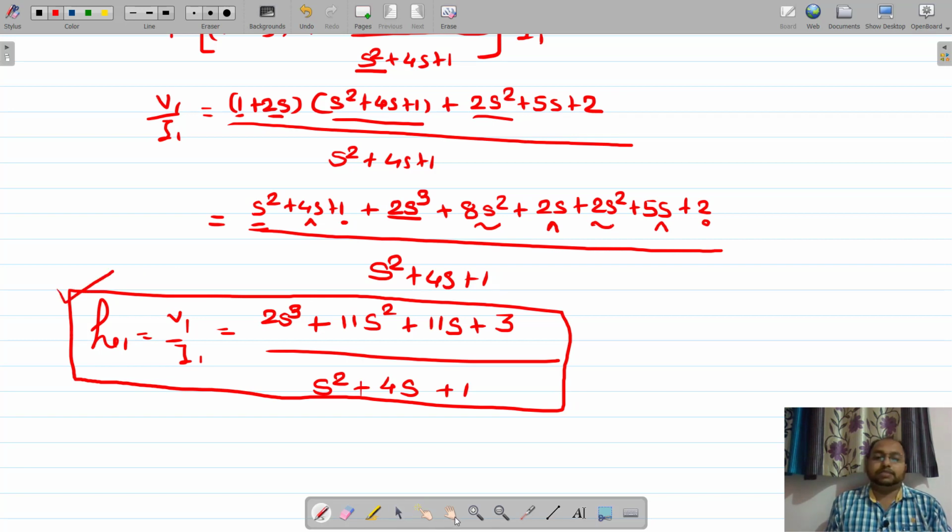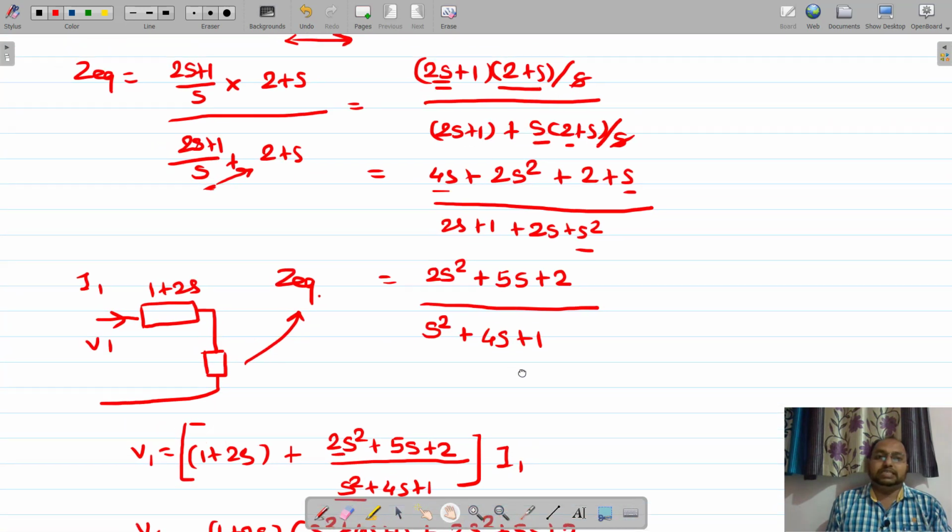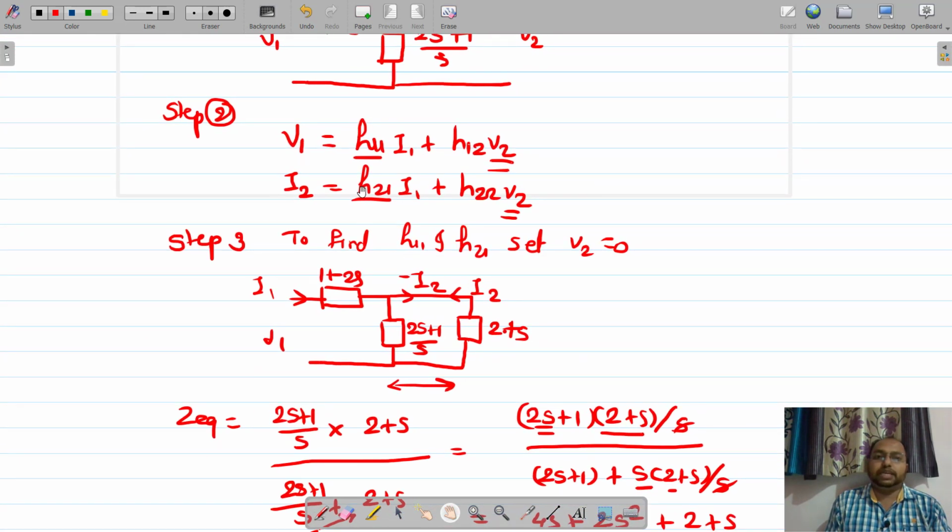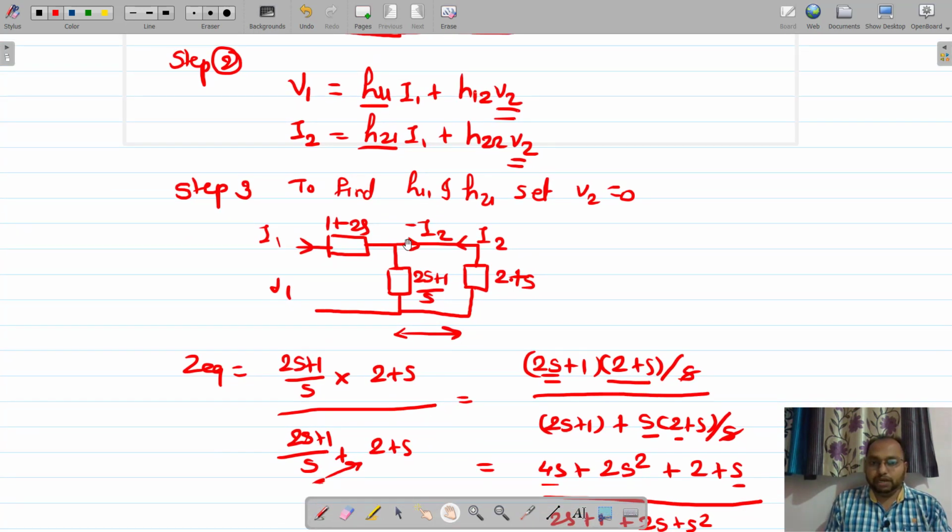Then next, what is h21? H21 is the ratio of I2 to I1. So let us find it out. Now we need to apply the current division rule in order to find out minus I2.